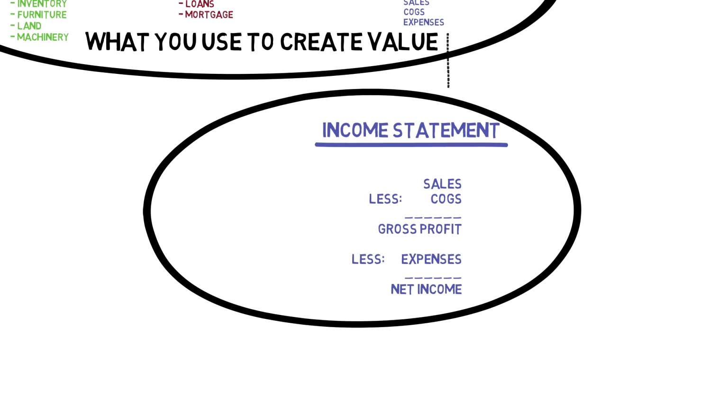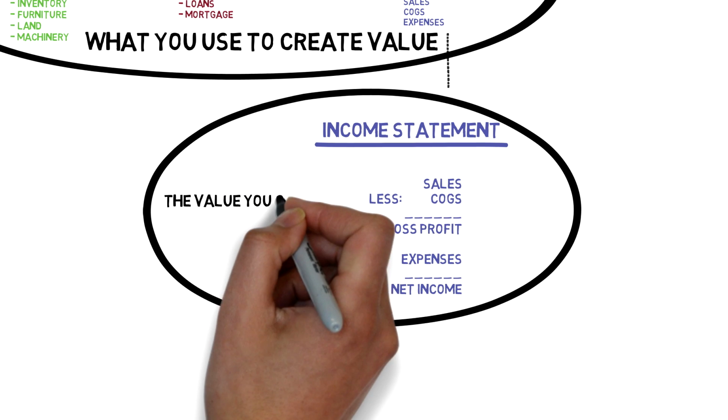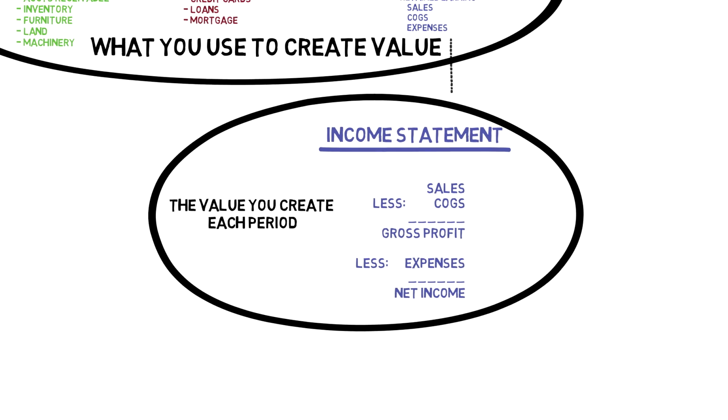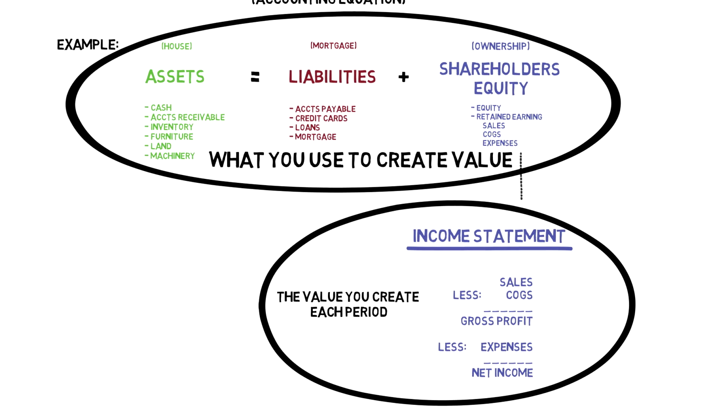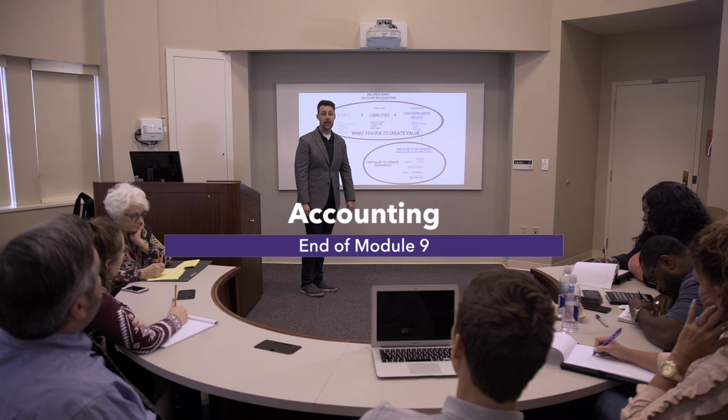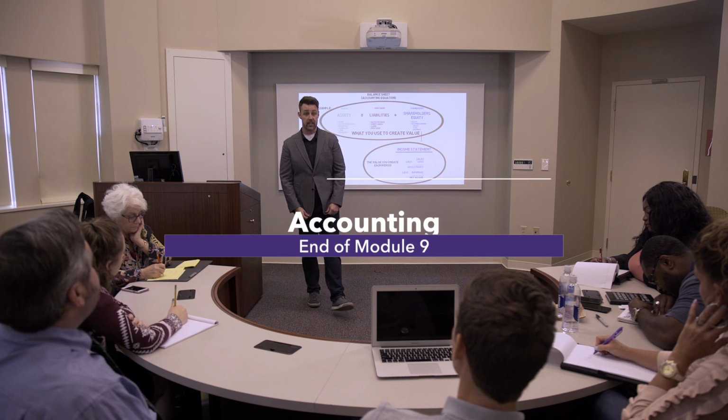After we have made our investment and started our company, all of our sales, cost of goods sold, and expenses, and what is left over as net income, is the value we create each individual period. Based on our forecast, that was our total cash inflows or outflows. That is the value created. Our balance sheet is what we have and what we use to create that value.